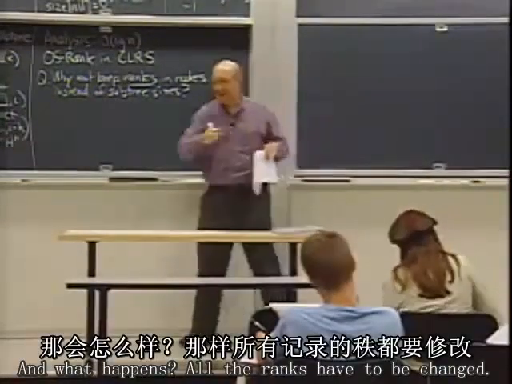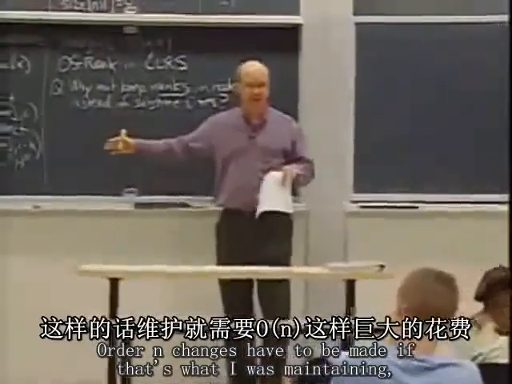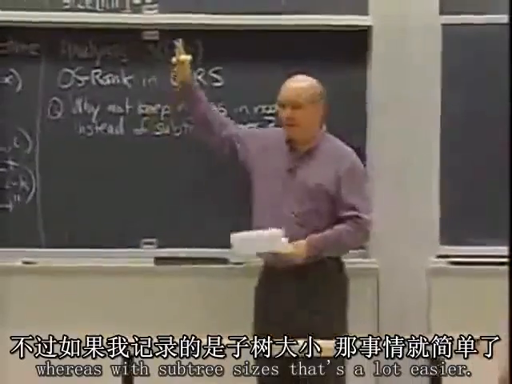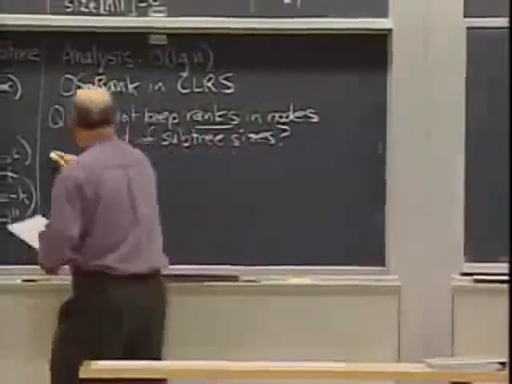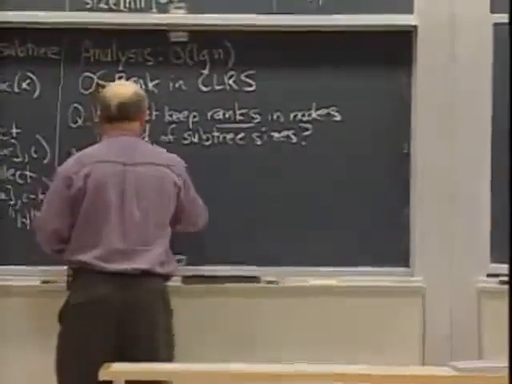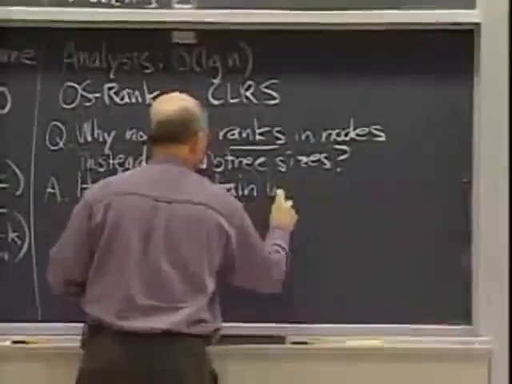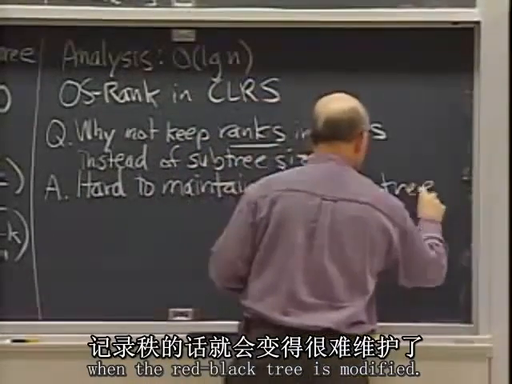All the ranks have to be changed. Order n changes have to be made if that's what I was maintaining. Okay? Whereas with subtree sizes, that's a lot easier. So this is because it's hard to maintain when the red-black tree is modified.